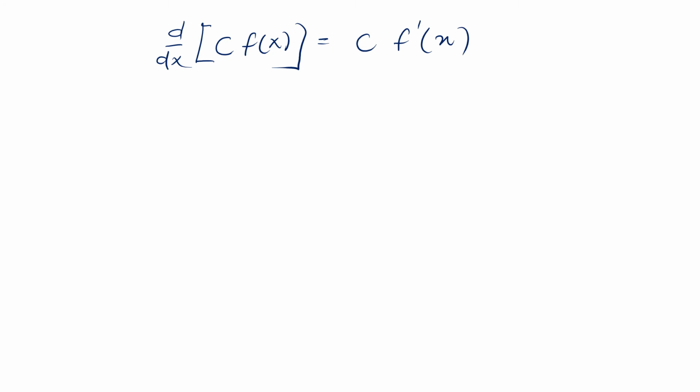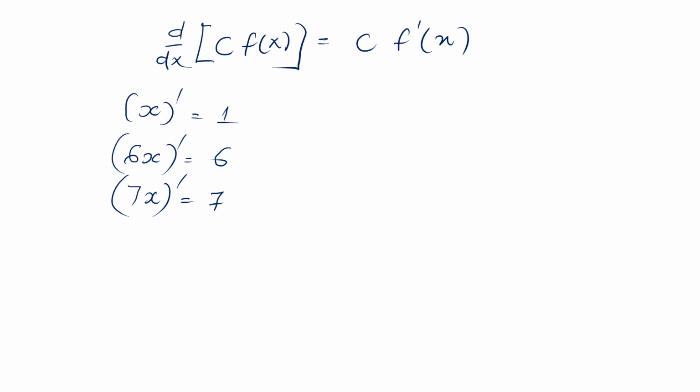Let's see here. You know that the derivative of x is 1. So what is the derivative of 6x? It will be 6. What is the derivative of 7x? It is 7. We studied this in previous slides. But what if I have 7x square? Again here I can apply the constant multiple rule.